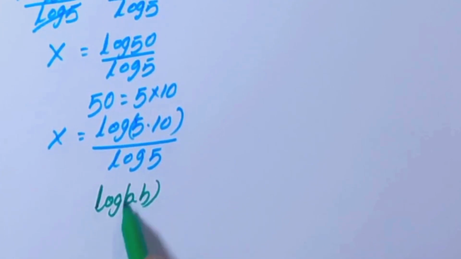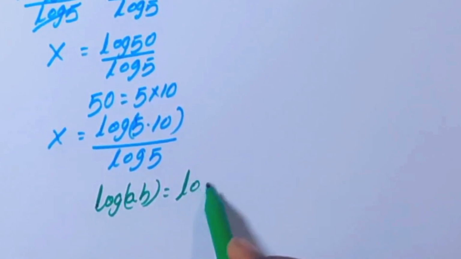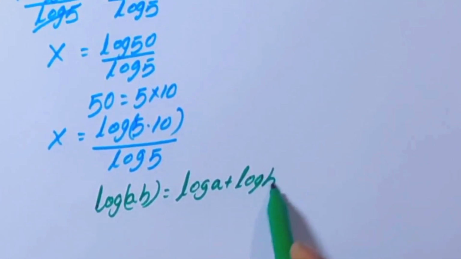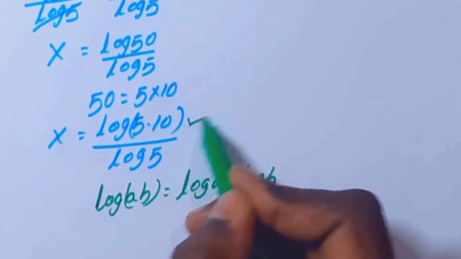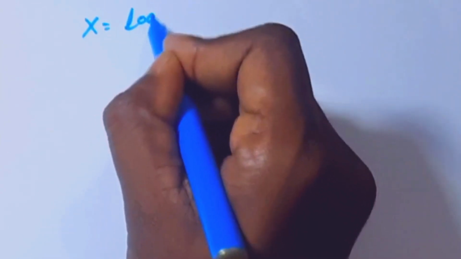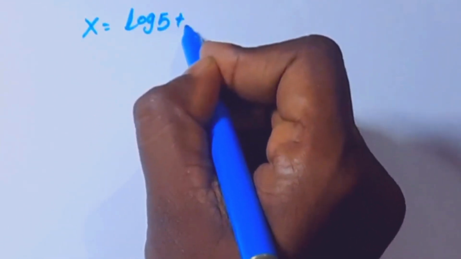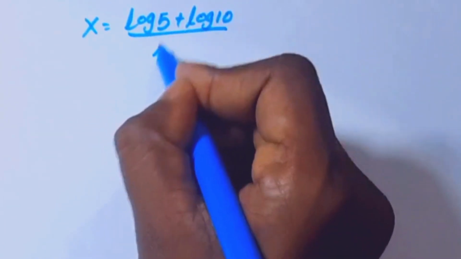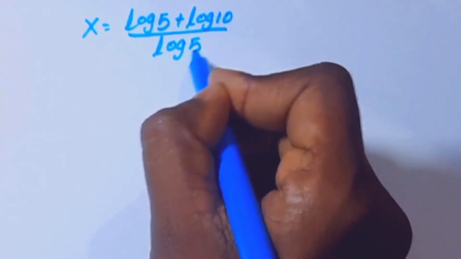Log AB equal to log A plus log B. This we are going to apply here. So we'll get x equal to log 5 plus log 10 by log 5.